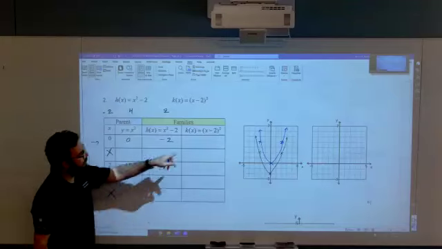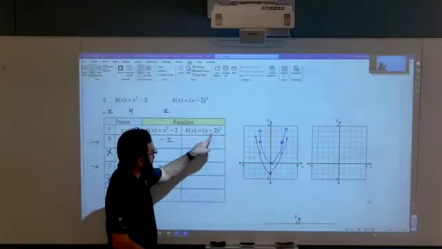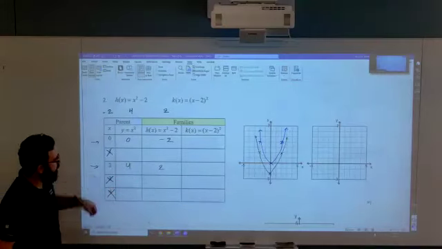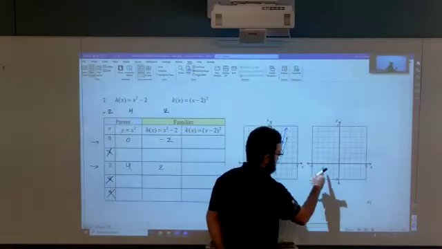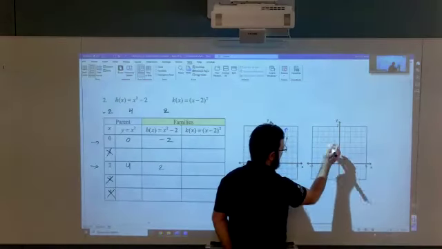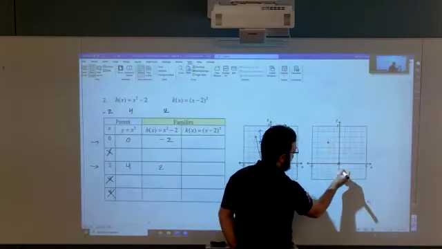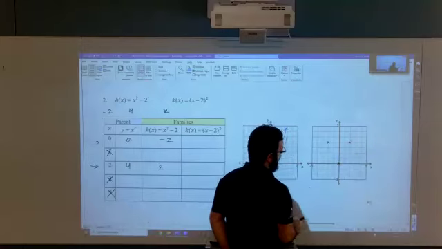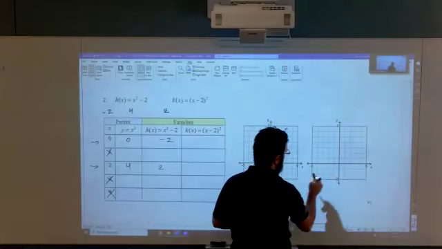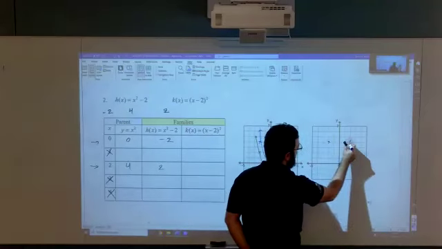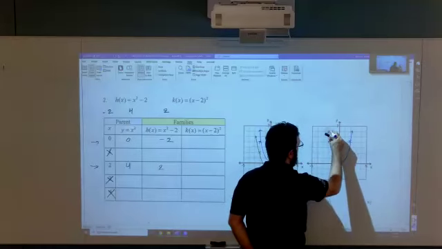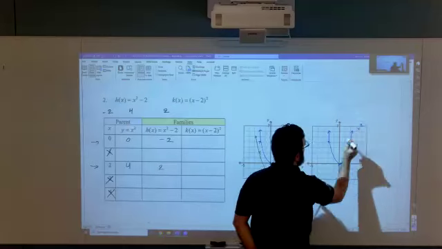Now with the new graph, I'm going to graph the basic function, which is x squared.